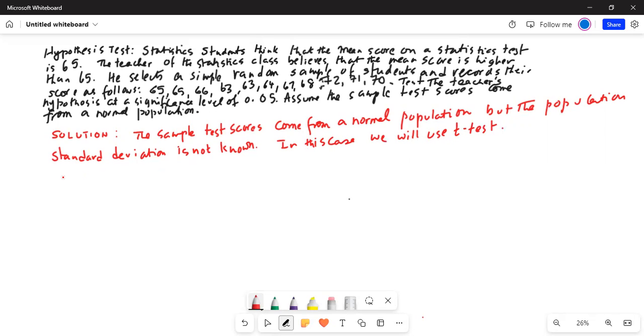So we have to calculate the test statistic. Just a minute, I have to erase this.